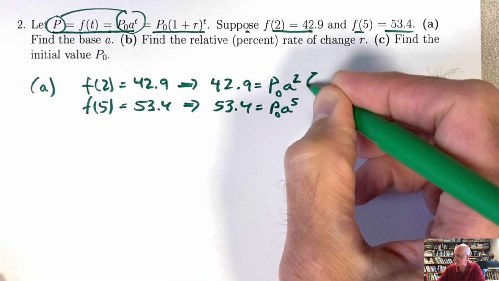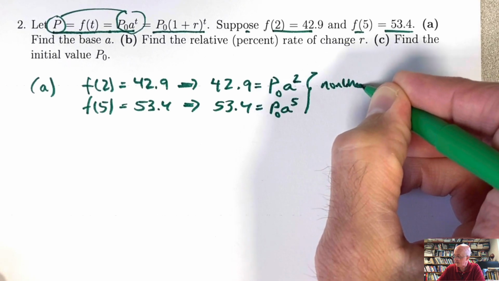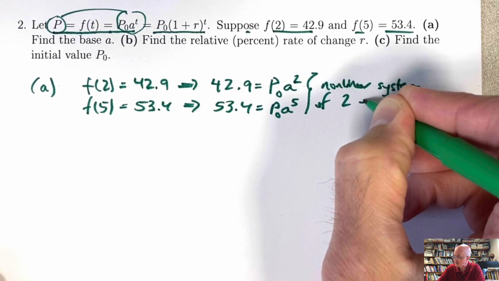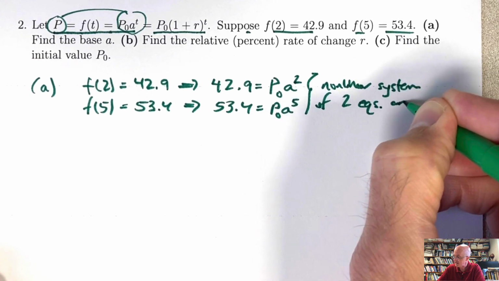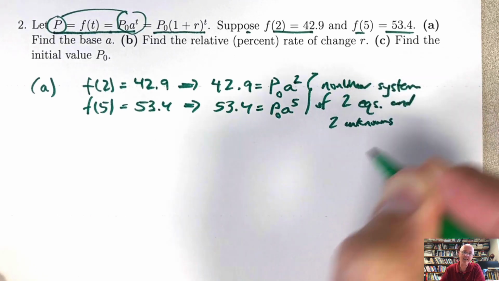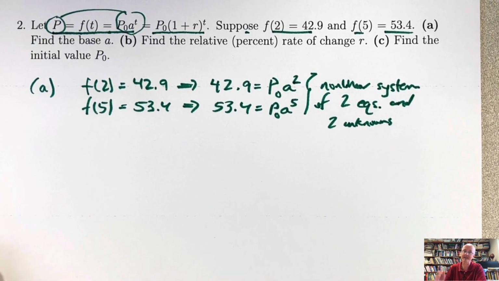So this is a system, a nonlinear system of 2 equations and 2 unknowns. In general, nonlinear systems of equations can be really hard to solve, maybe even you might say impossible. But this one is doable. It may not be clear how to do it, but it is doable.